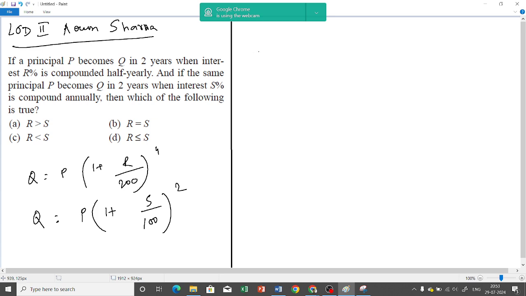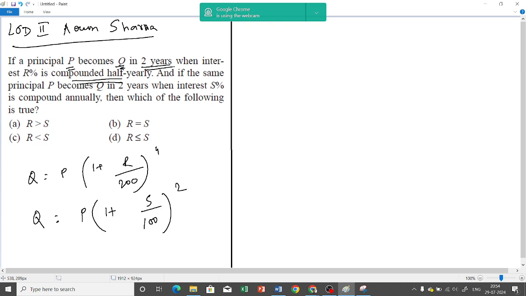Now see both of them. Just by looking at it, we can easily say that of course R is less than S. You can imagine it that in 2 years compounded half yearly, P becomes Q. Compounded half yearly means in 2 years how many interest periods are you getting? 4 interest periods, right?